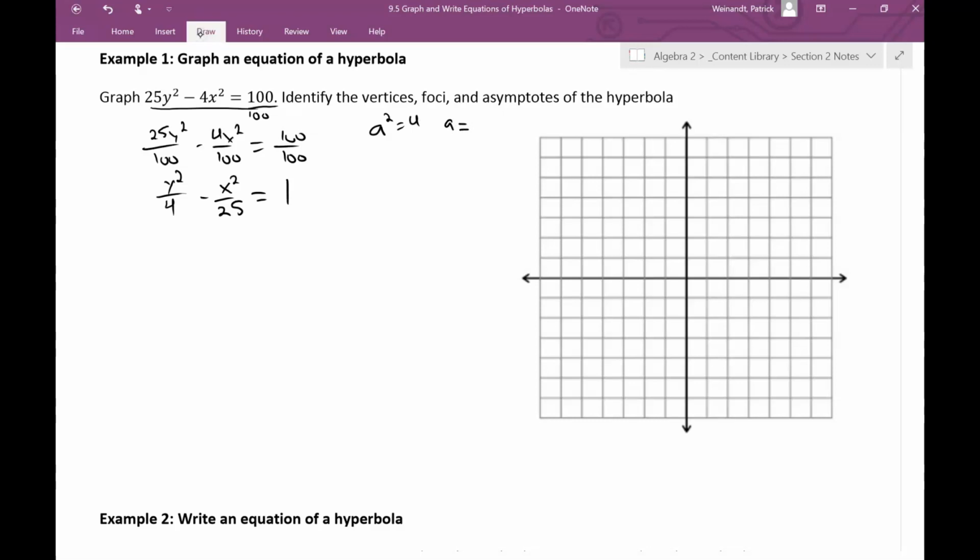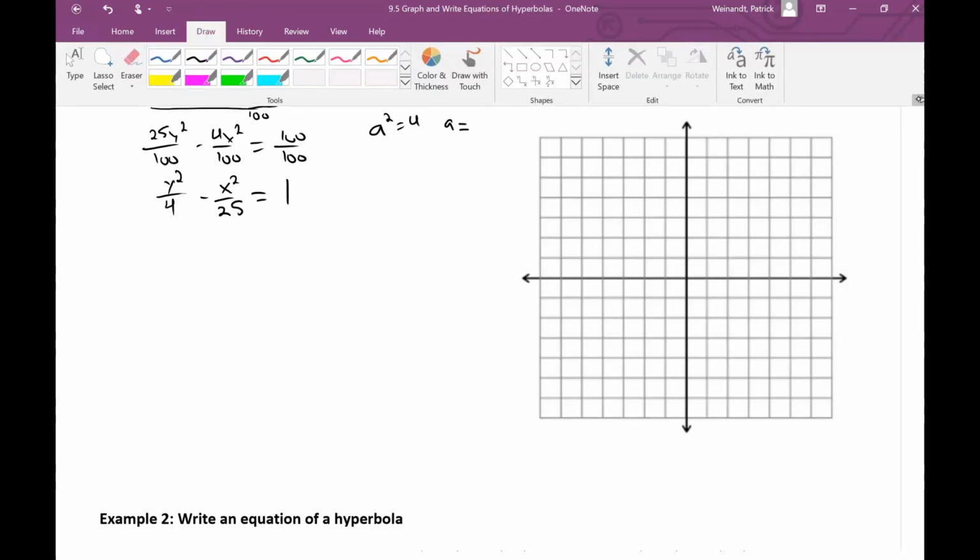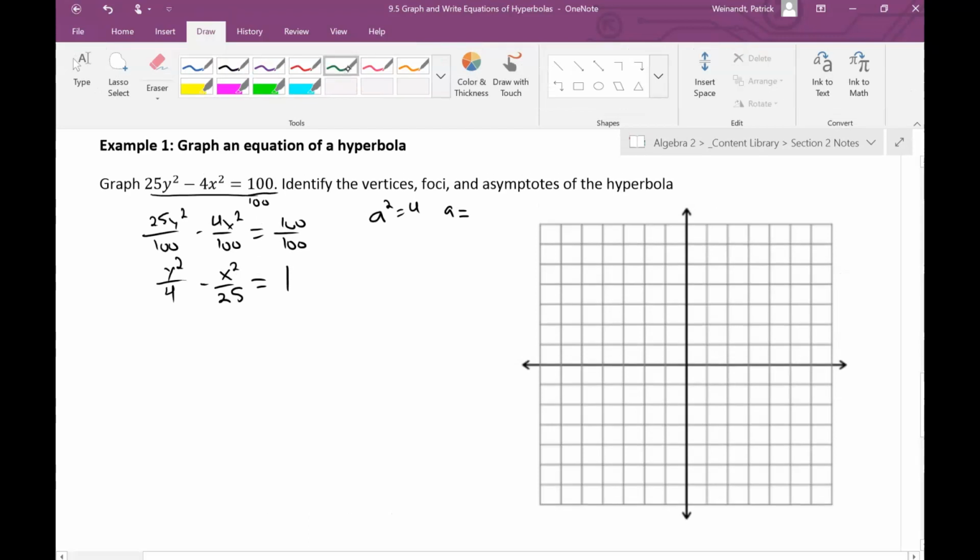And b squared equals 25, which implies that b is 5. You might be thinking, shouldn't it be plus or minus 2, plus or minus 5? You would be right if this was just some random variable we were solving for, but these values represent distances, and distances can only be positive.